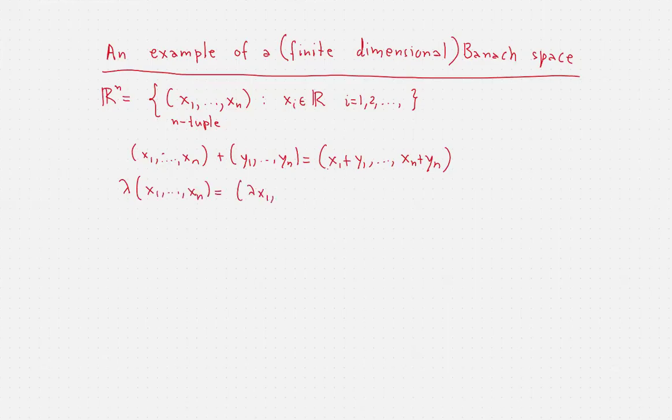And now one would have to check that all 8 properties of a vector space are satisfied, but this is almost a nauseating triviality. I mean, for example, if you want to check the first property, then you would have to take 3 vectors. That would be the associativity.